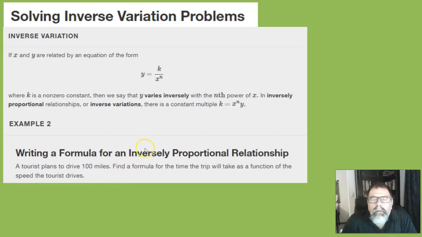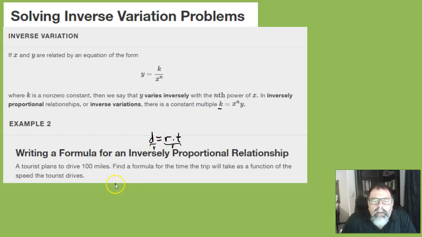Okay, so we know that distance is equal to rate times time. The distance, 100, is basically going to be our k. If we want a formula for time, so we want time all by itself, we divide by the r.